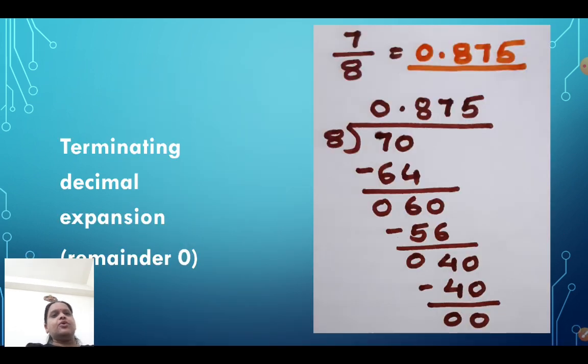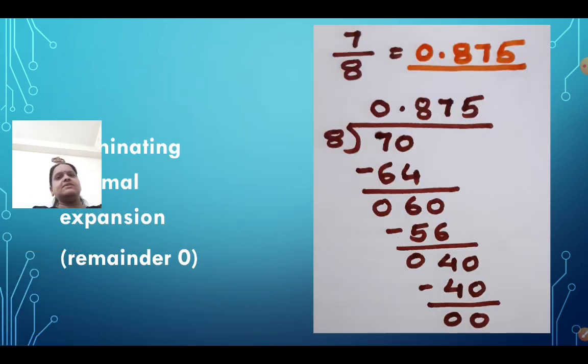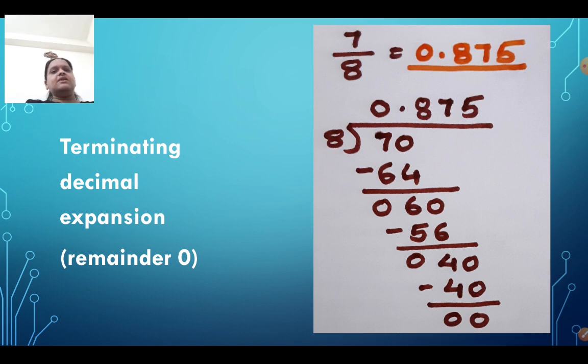The next very important part we will revise here is the terminating decimal expansion. There are three types, if you remember. How to identify whether the given number is rational or irrational? For that we have to check two points, that is terminating, then whether it is recurring or non-terminating recurring.